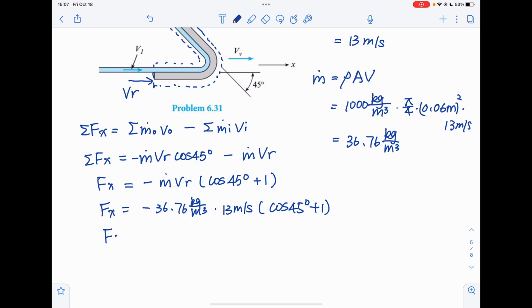So the Fx equals negative 816 Newtons. The direction is to the negative x direction.